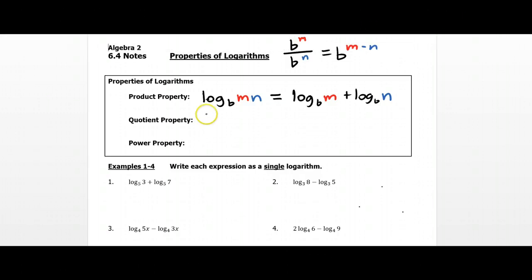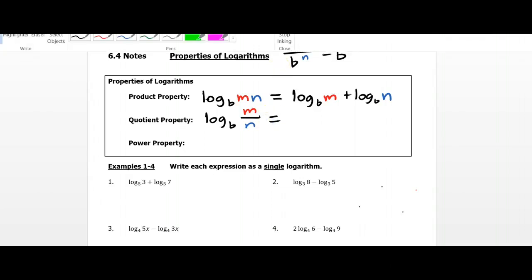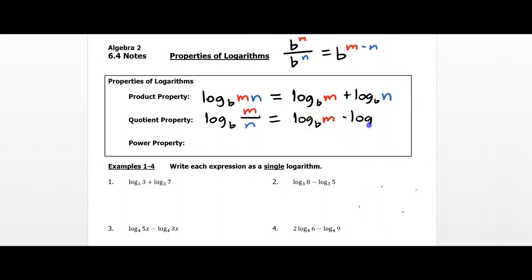So if I'm taking the log base b of a quotient, we'll say m over n, then that's going to be equal to the difference of log base b of m minus log base b of n. Okay, so again, they're very similar to your exponent property with quotients.